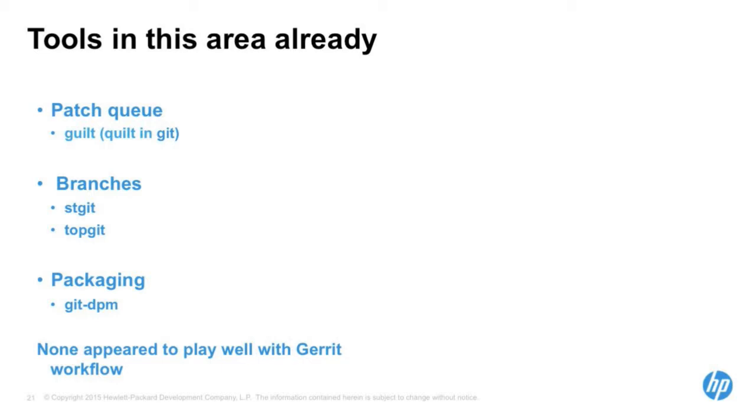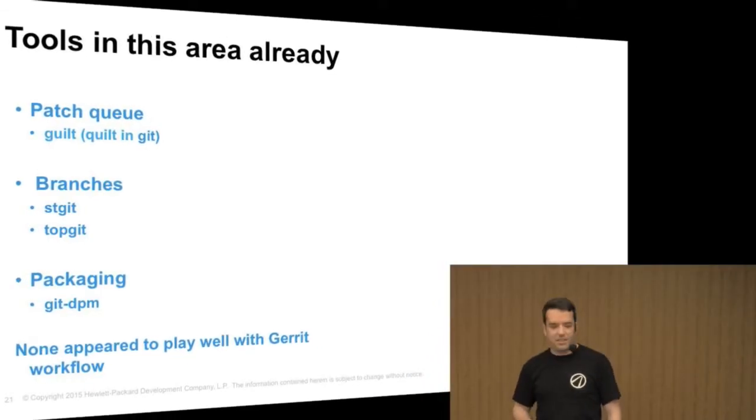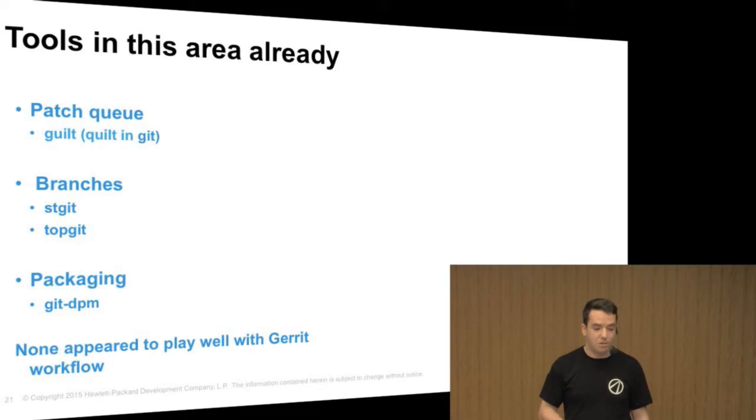Guilt is quilt in Git for managing patch series files. There are a couple of topic branch tools called stacked git, st-git, and topic git, top git. And there's another one for packaging. If you're using Debian packages, that'll work really well for managing the patch series, called git-dpm.